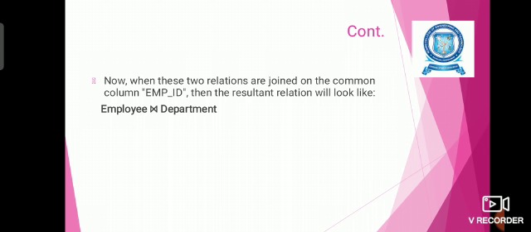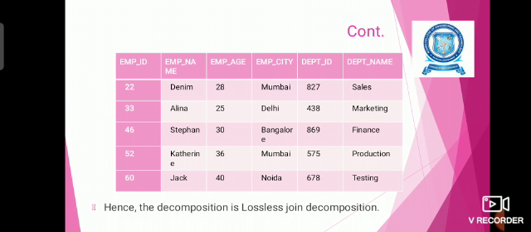So we apply the join operation, employee join department, and we get the resultant table like this. We get all the attributes: employee ID, employee name, employee age, employee city, department ID and department name. So we didn't lose any attributes or any information. All the items are retrieved. Hence this decomposition is called lossless join decomposition.